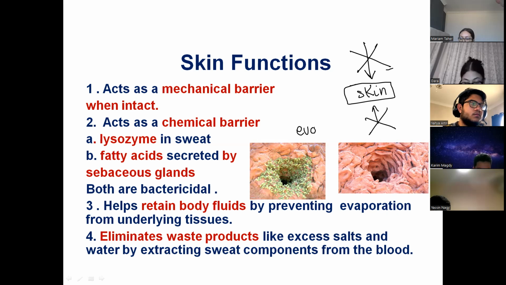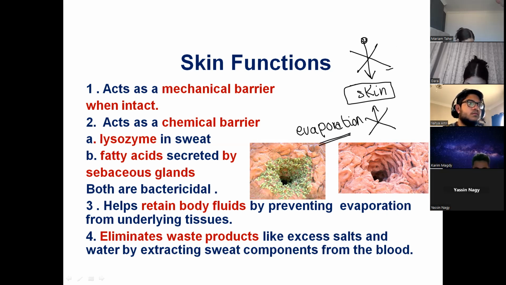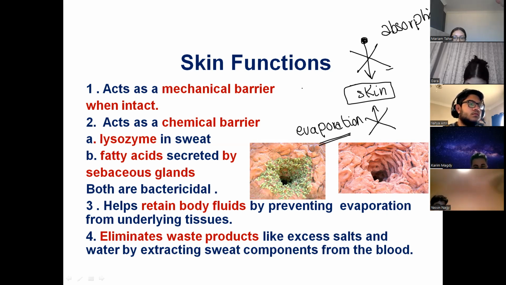So it prevents evaporation from the dermal tissues that lie under the epidermis, and meanwhile, it prevents absorption of water. That's why we say that keratin makes the skin waterproof. It acts both ways. But now I have a question.